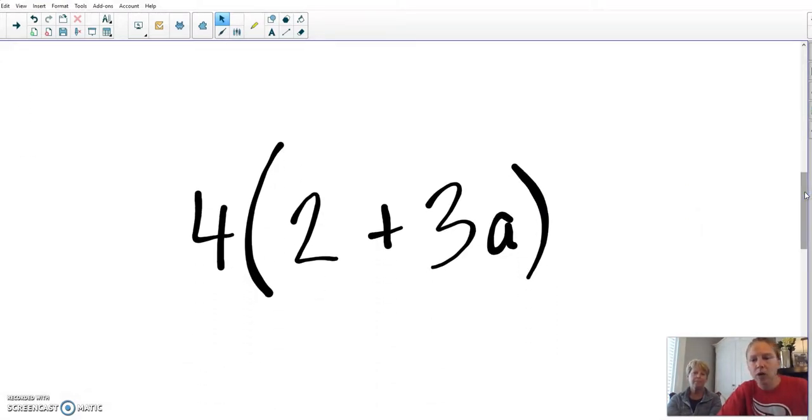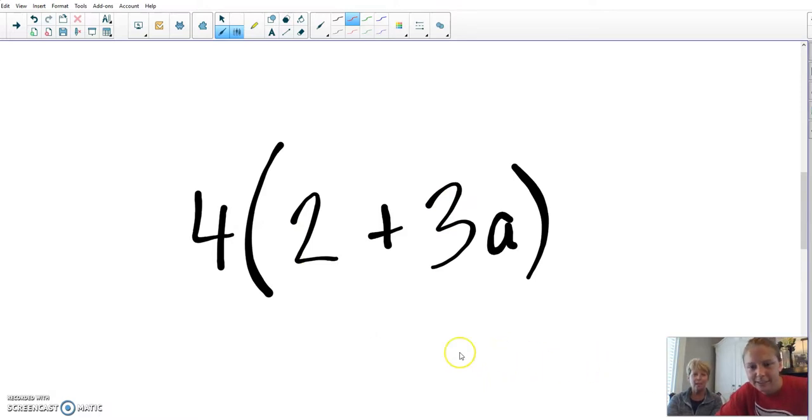We've got a 4 outside of our parentheses, and inside of our parentheses is 2 plus 3a. Mom, what do you think we should do first? I have no idea. Okay, well, what kind of stands out to you?